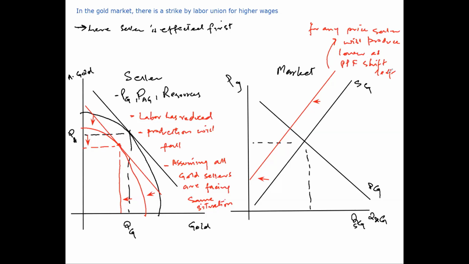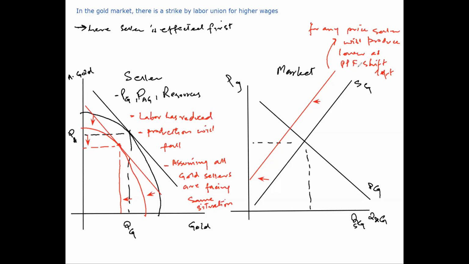So it doesn't matter what the price is. It matters that the seller now has lower ability. Even if you increase the price, the seller may not be able to increase the quantity as much as in the previous case.